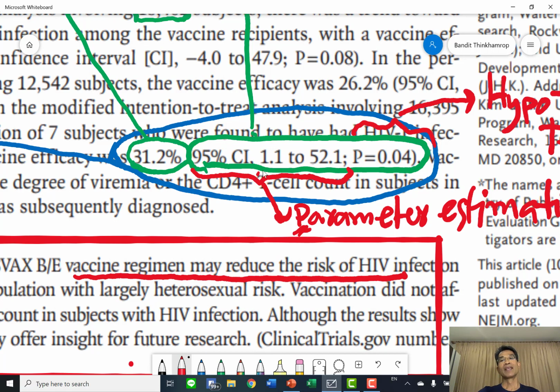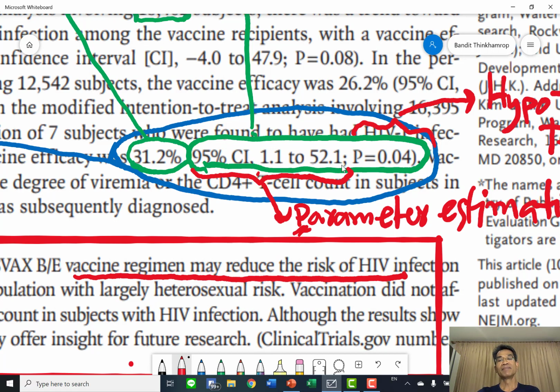If they repeat the study again and again 100 times, about 95% or 95 times, it could vary from 1 to 52, for example. So that means we quantify random error for judgment.